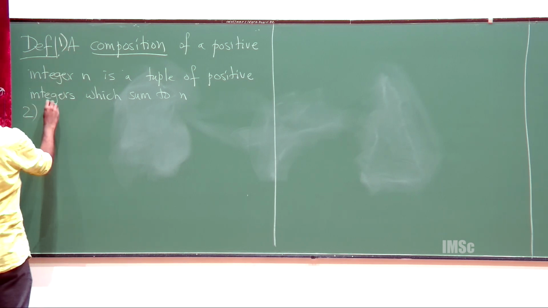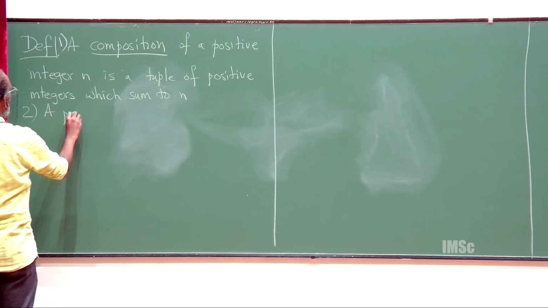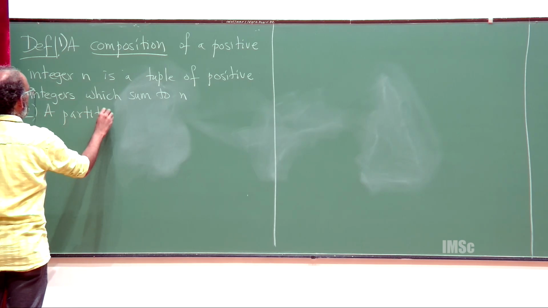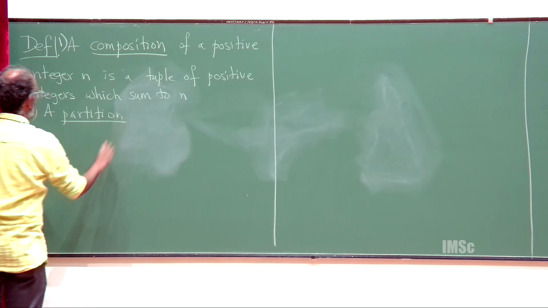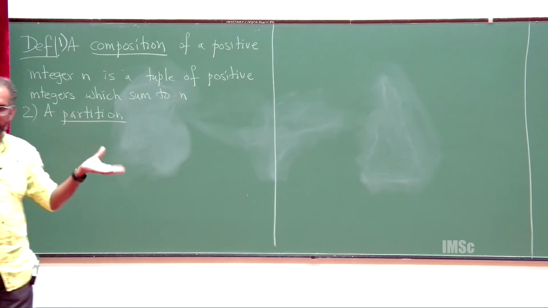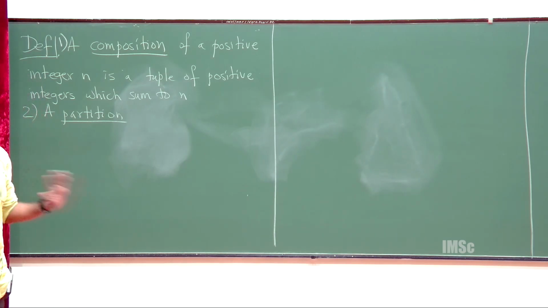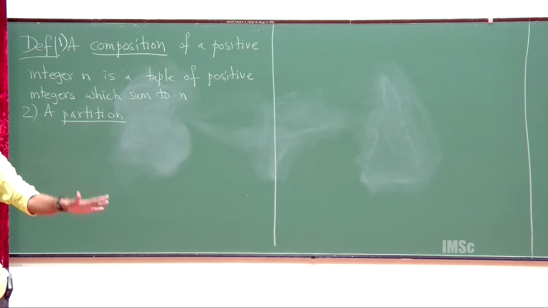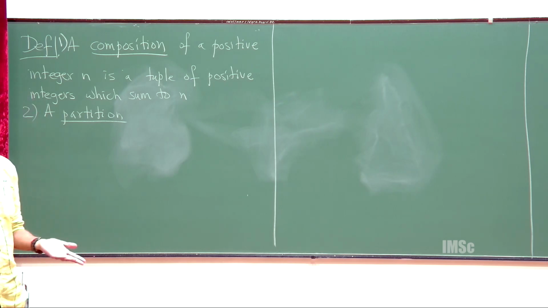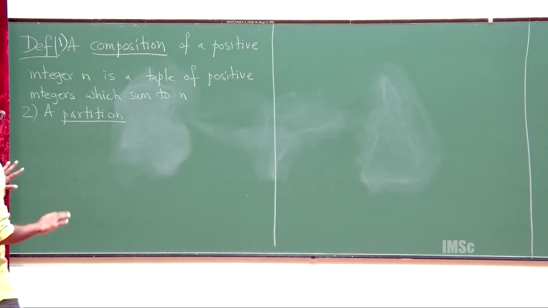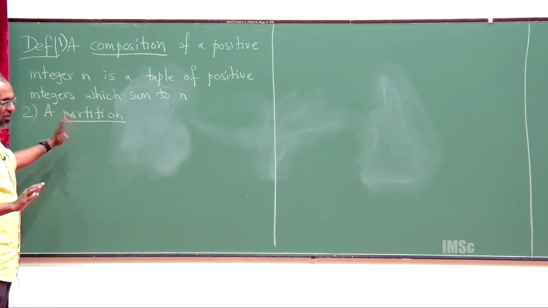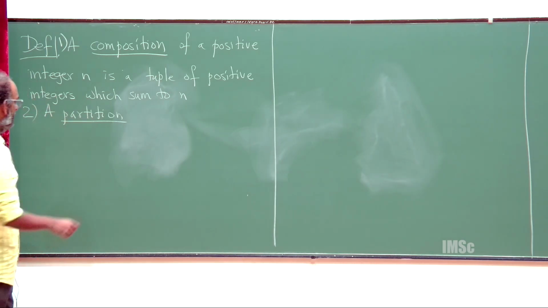Second definition, a partition. Partition means several things in several contexts. For us, throughout, partition will be referring to integers only, not partitions of sets. You may have seen partitions of sets in other areas of mathematics. That also means more or less the same thing, but here we are only talking about integers.